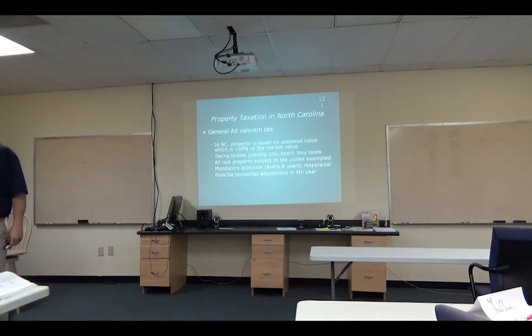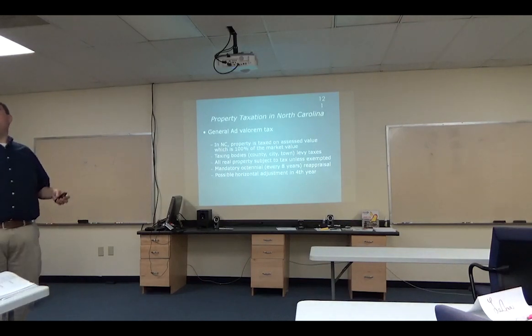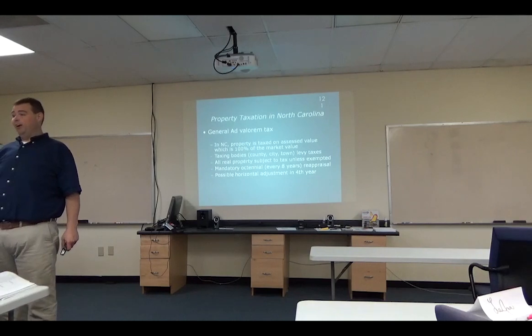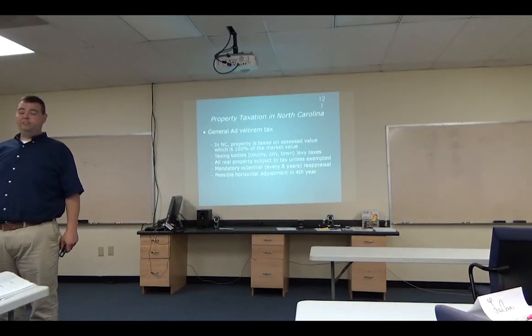Sometimes, however, the county may want to adjust the tax values of all of the property in a county during the middle of that cycle. That's called a horizontal adjustment. Now, in a horizontal adjustment, they don't visit any property in the county. It's very much not an individual thing.